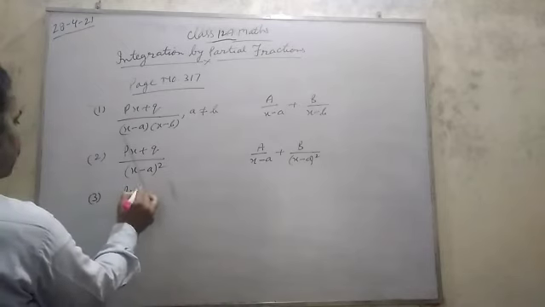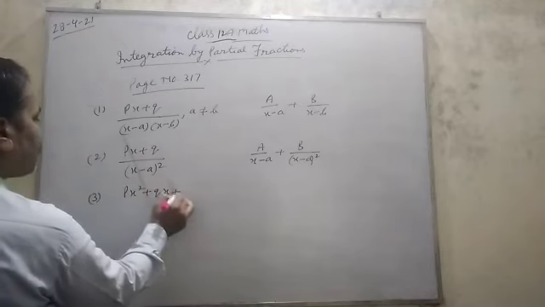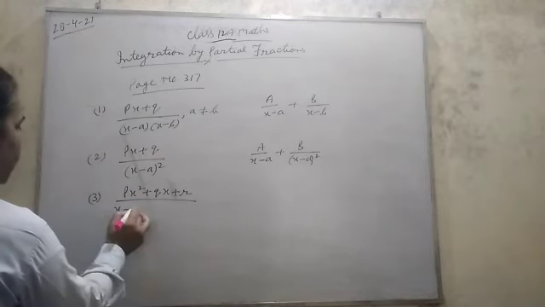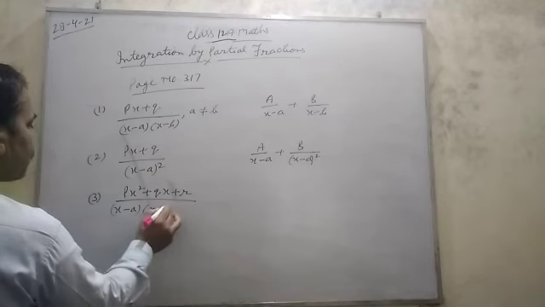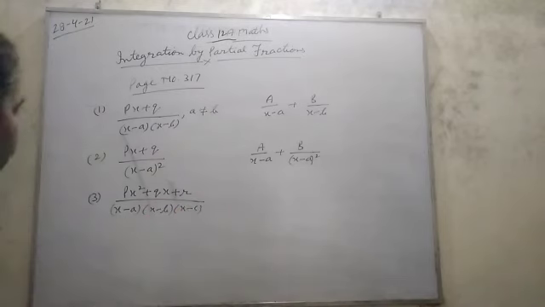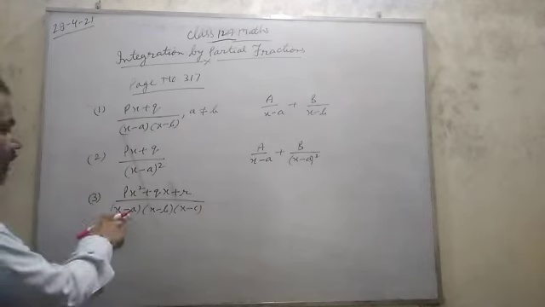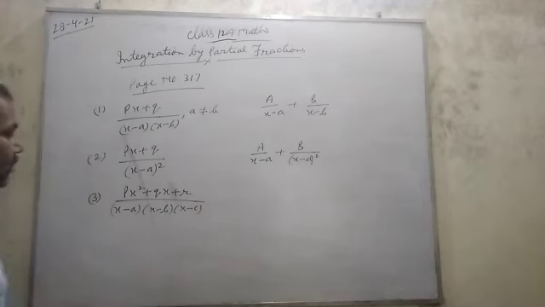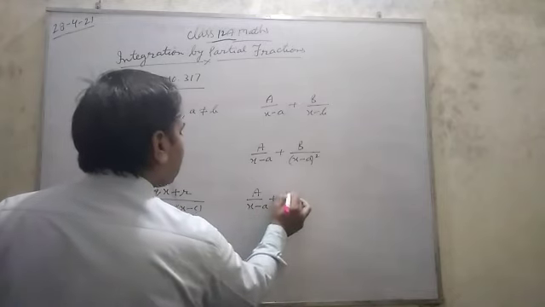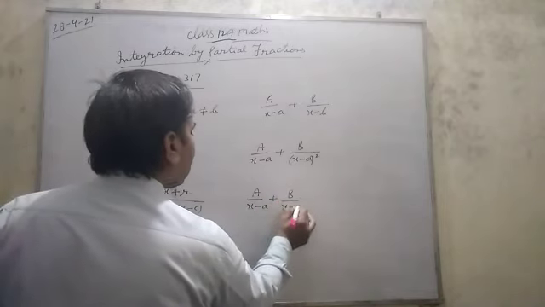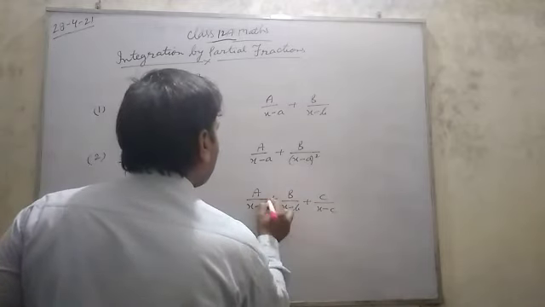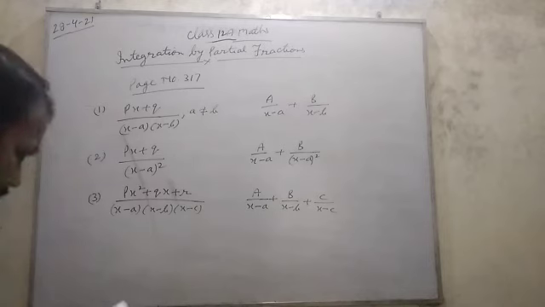Third one, (px² + qx + r) upon (x − a)(x − b)(x − c). Here also the degree of numerator is less than degree of denominator. So write A upon (x − a) plus B upon (x − b) plus C upon (x − c).